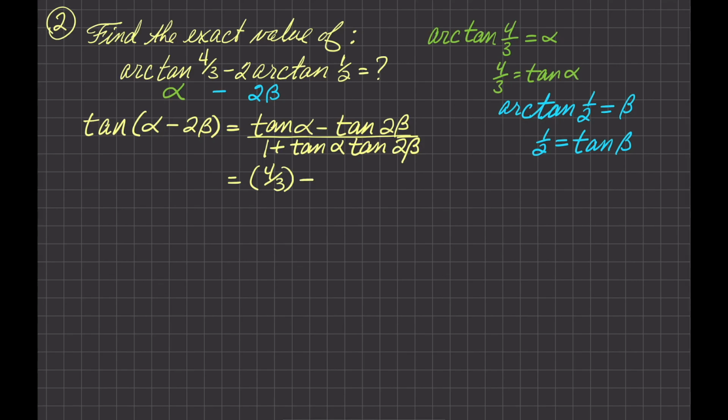And then minus, okay, the identity is asking for the tangent of 2 beta, a double angle. But we don't know what the tangent of 2 beta is. We know what the tangent of beta is, and that's 1/2. We don't have the tangent of 2 beta. So with this interesting problem, we're not just going to work with the sum and difference identity for tangent, we're going to have to pull out our double angle identity.